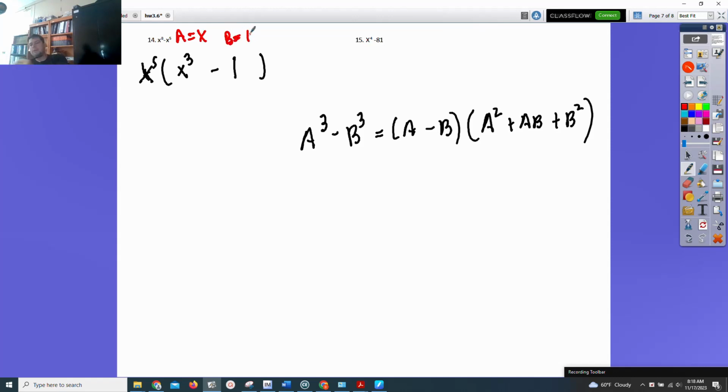And I'm just going to plug it in my pattern. So x to the fifth stays where she is. A is x, B is 1. Plugging in here, here. Got to square it. X squared plus, because there's a plus, 1 times x is x. Square of 1, you get 1. That is the complete factorization. It is.